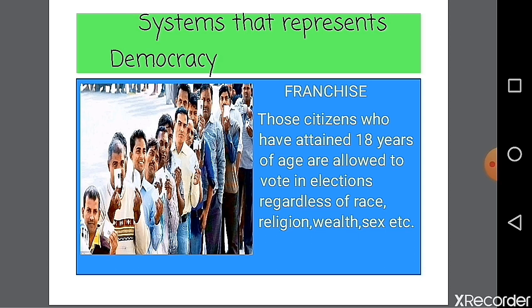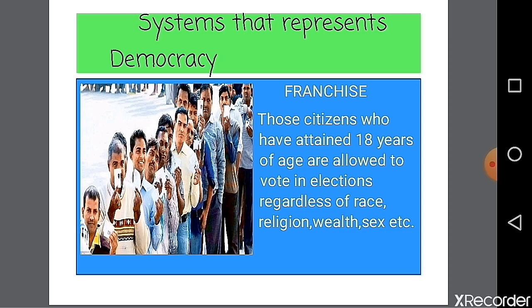I hope you all are around 10 or 12 years old, but you have not attained 18 years of age. Someday when you attain 18 years of age, you will get the right to vote. That means you will get a right to elect your representative whom you want to govern the country. So this is universal adult franchise.